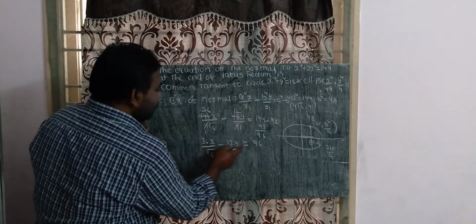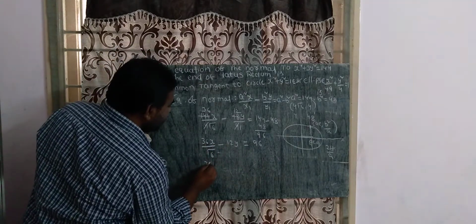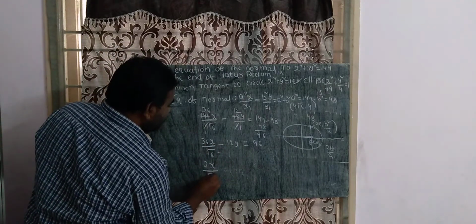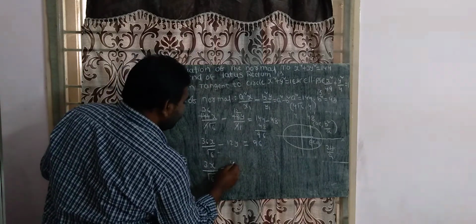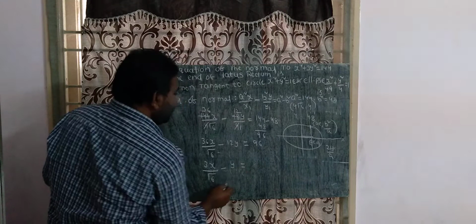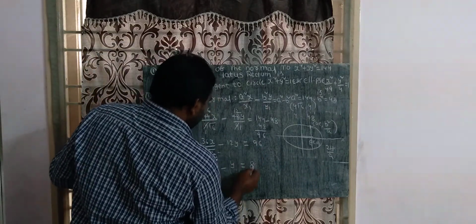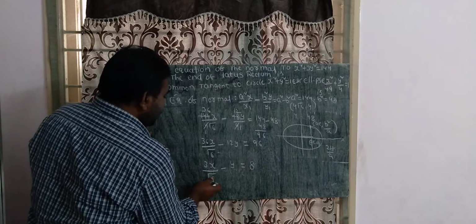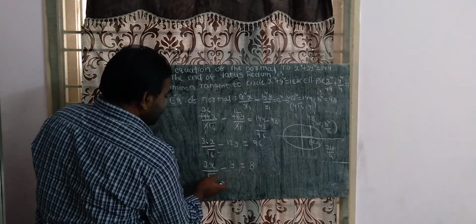Let us cancel with 12 on both sides. We get 3x by root 6 minus y is equal to 8.